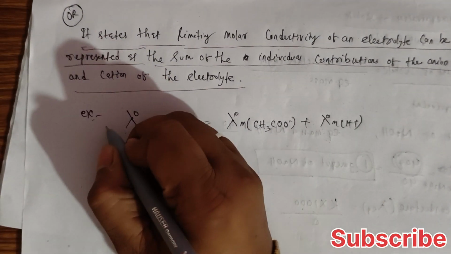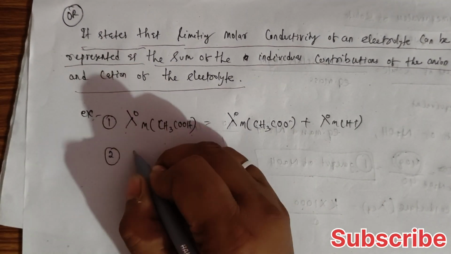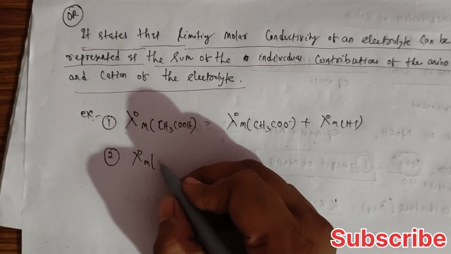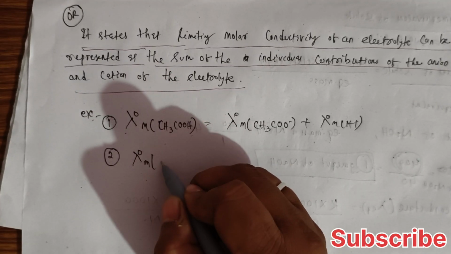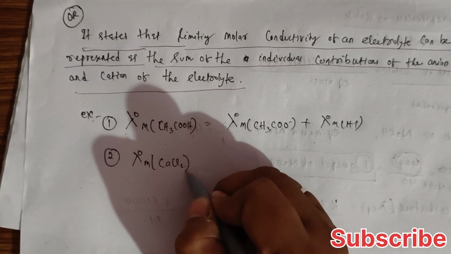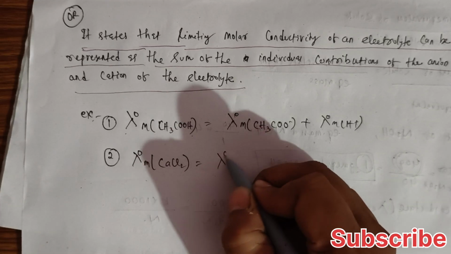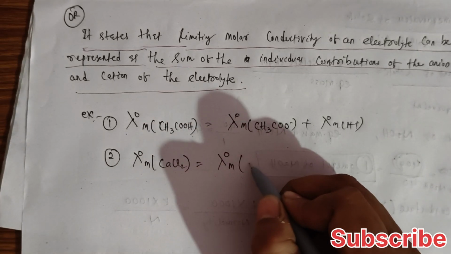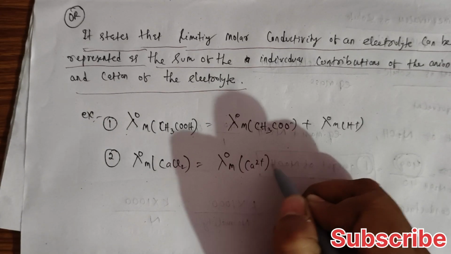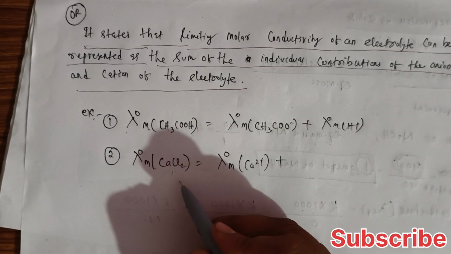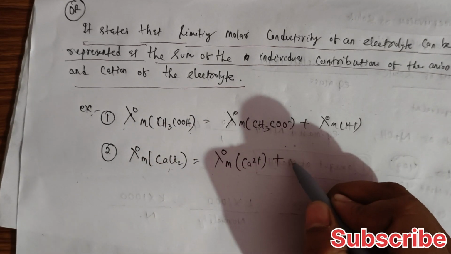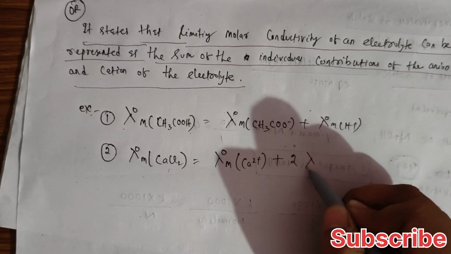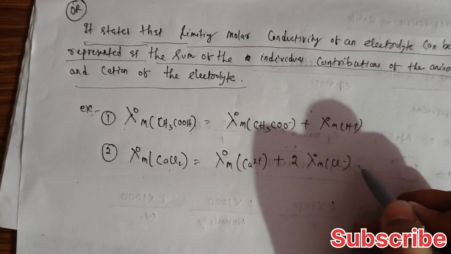But let me take another example. Let me write here lambda not m of CaCl2. It is a salt. Lambda not m Ca2 plus, but here 2 Cl minus are present, so I write 2 lambda not m Cl minus.